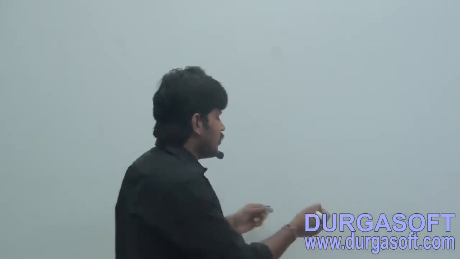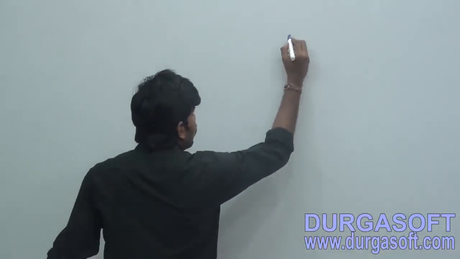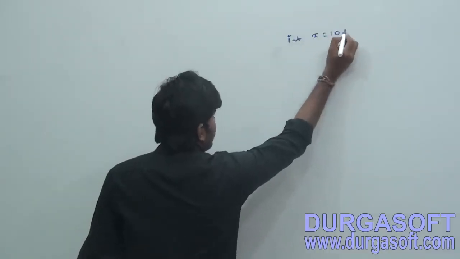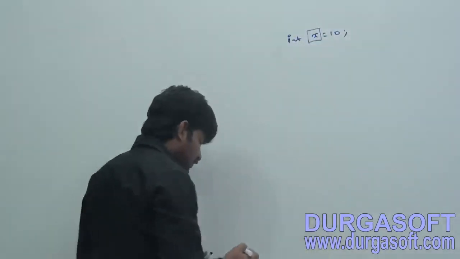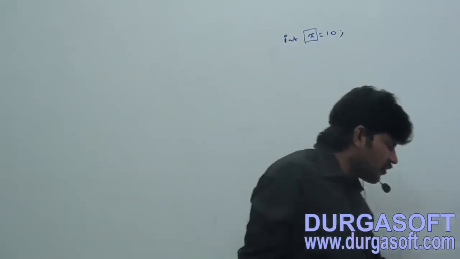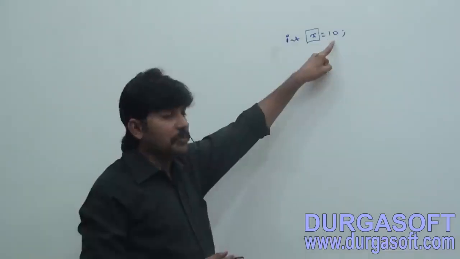categories, right? I'm taking int x is equal to 10. Can you tell for which purpose we are using x? To represent one int value, 10. Int is a primitive, right?